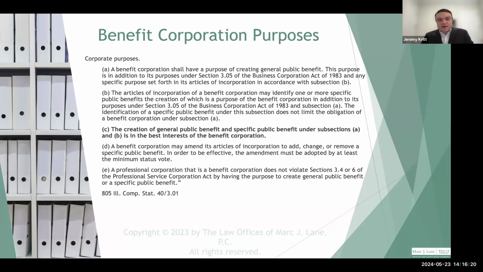So here we have the statute explicitly saying that not only are shareholder interests and shareholder wealth maximization in the best interests of the benefit corporation, but explicitly the general public benefit and any specific public benefit are in the best interests of the benefit corporation.